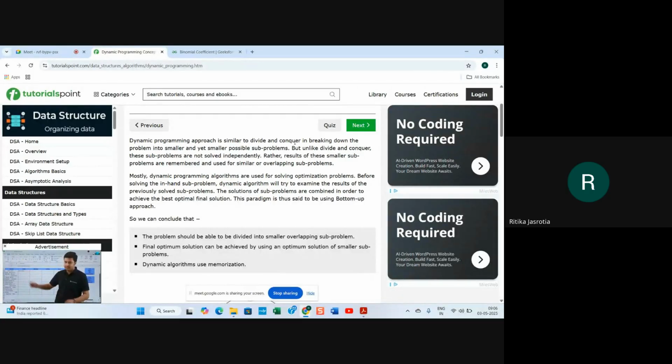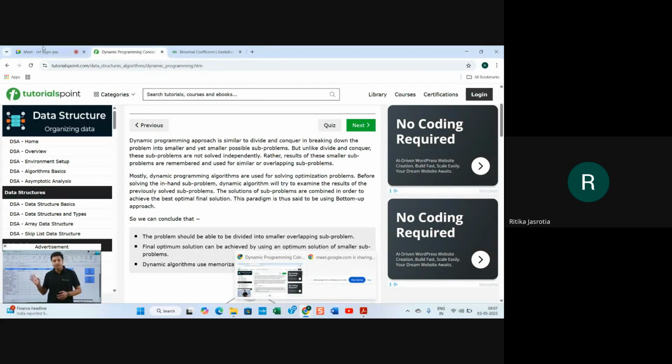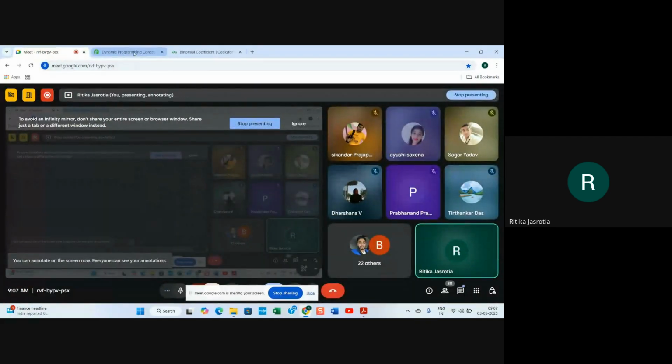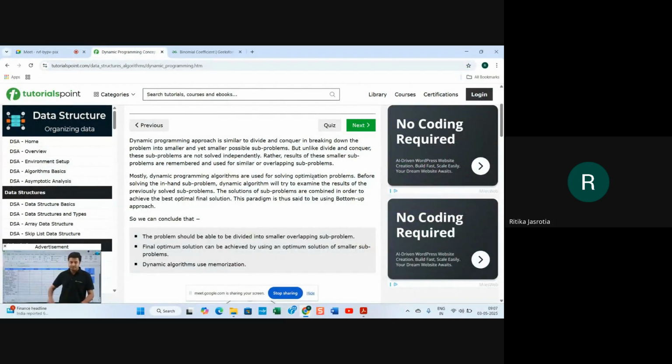Rather than that, the results of these smaller subproblems are remembered. In Matlab they are solved independently, and you don't have to remember the results of these smaller subproblems. In dynamic programming, the results of smaller subproblems are remembered and used for similar or overlapping subproblems, right?